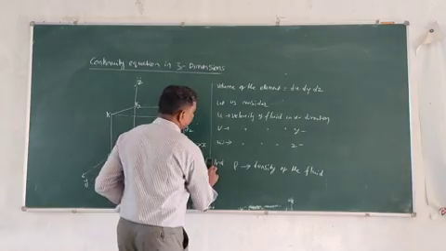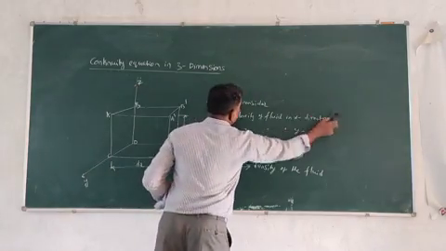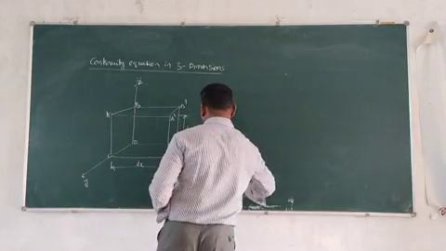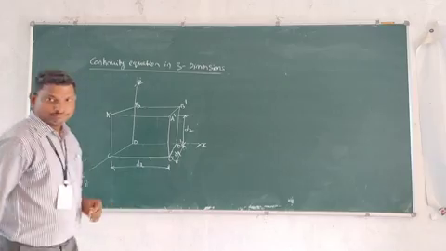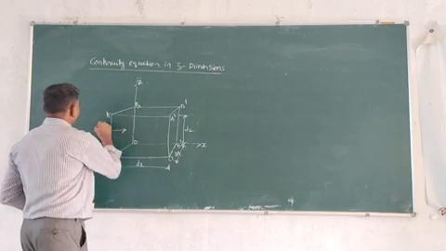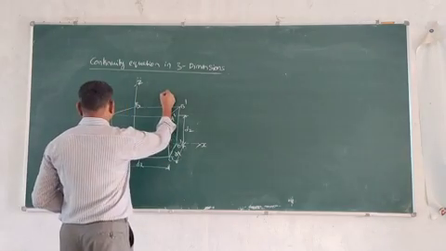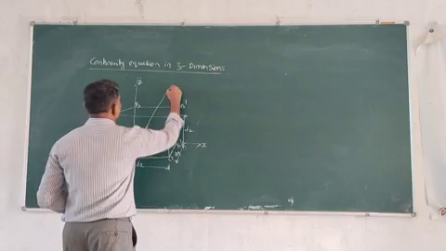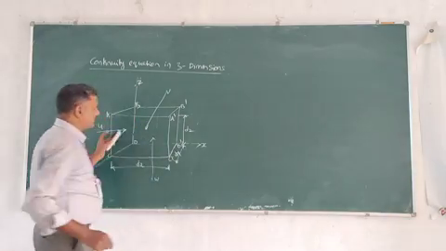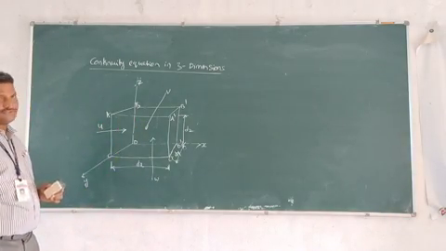Now, u, v, w is the representation of velocities.